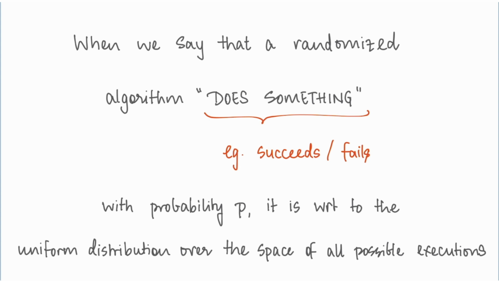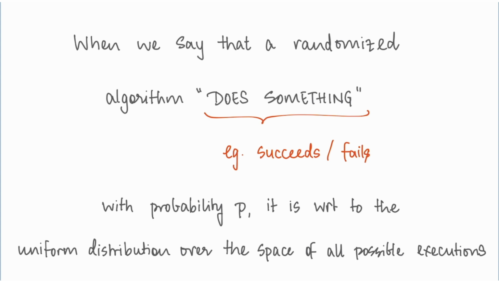We usually want to say that it manages to do what we wanted it to do with probability at least p for some p. On the other hand, if it's an error probability in the context of something that we are worried about, then we want to come up with an upper bound. We want to say that the probability of this bad event is at most something.